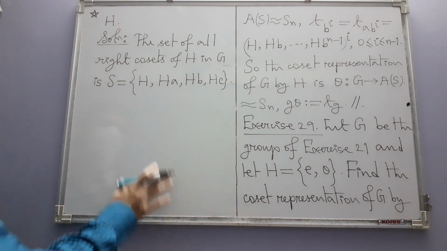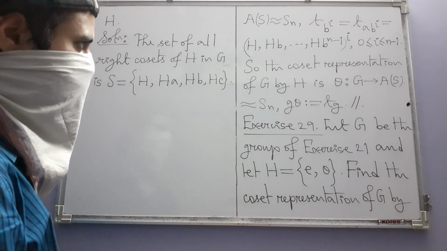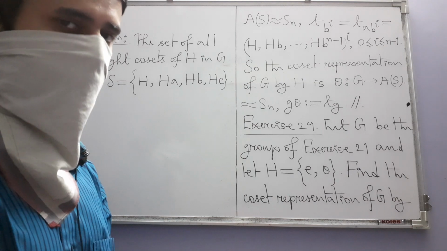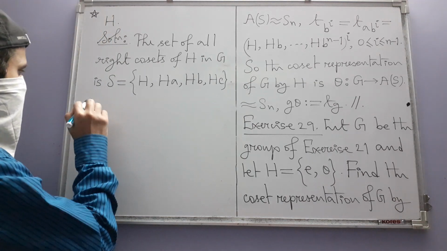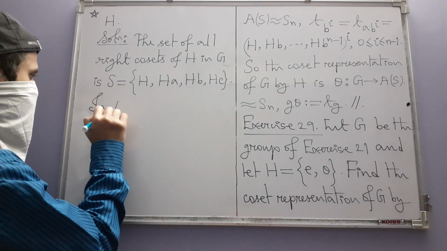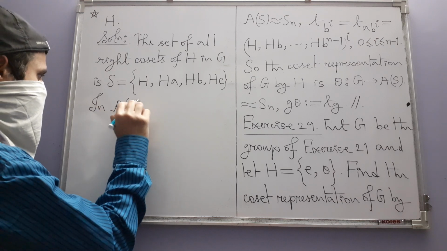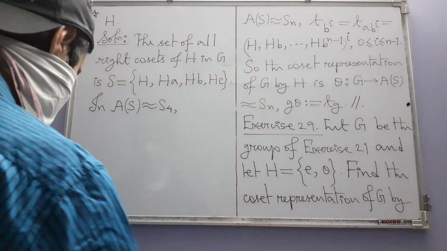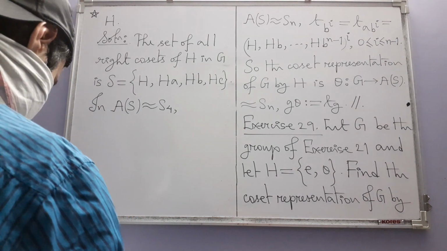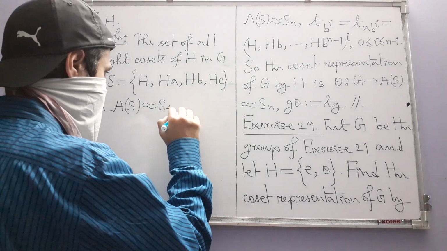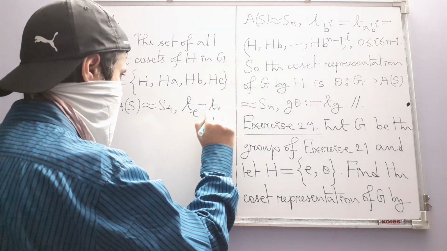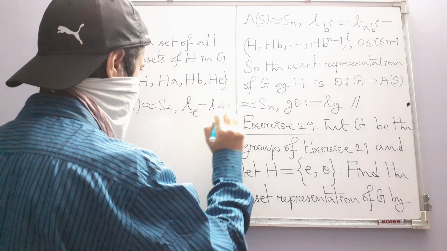So that means our functions Tg here are all going to be elements in S4 essentially. So in A of S, which is isomorphic to S4, now the T functions, first of all, T of E is of course going to be E. T of theta is also going to be E.